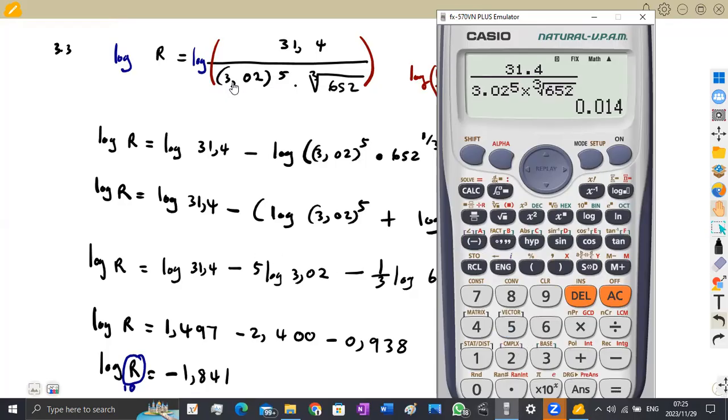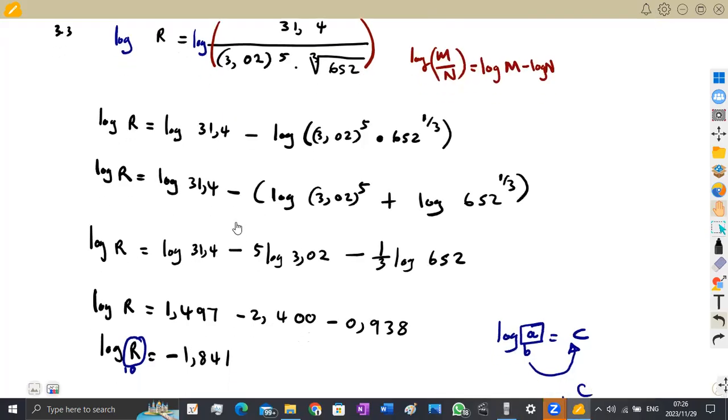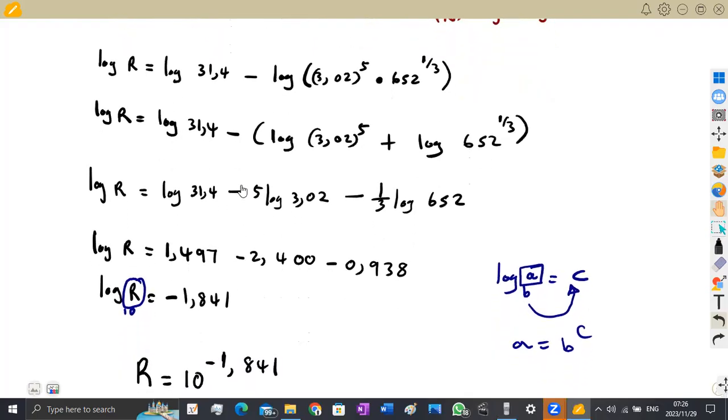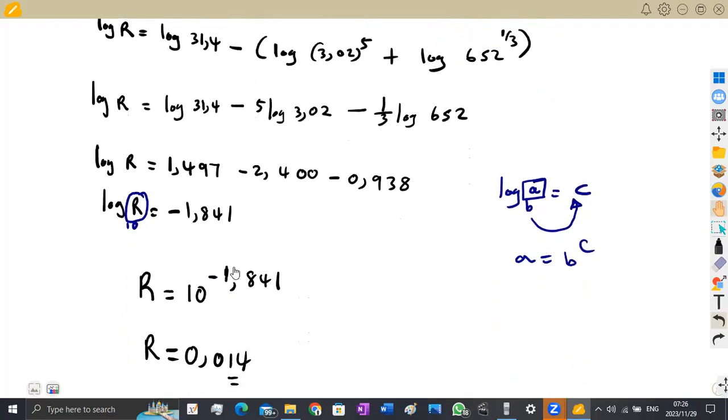So as you can see, we are obtaining 0,014 without using the logarithms, by using the calculator directly. So this is what you can do on your calculator just to prove, to see if you are in the right direction. As you can see, the answers are actually in the same interval.